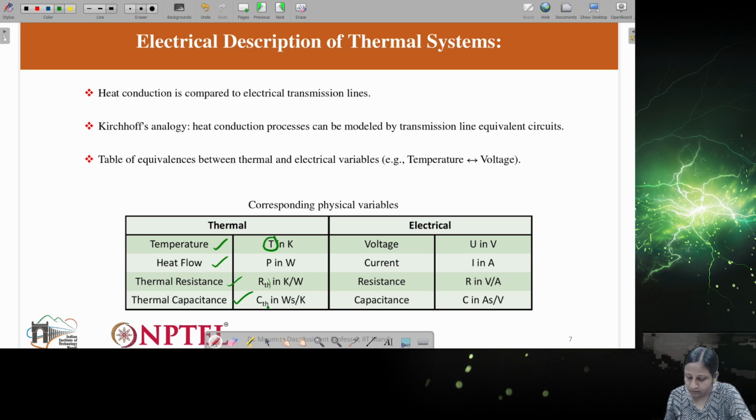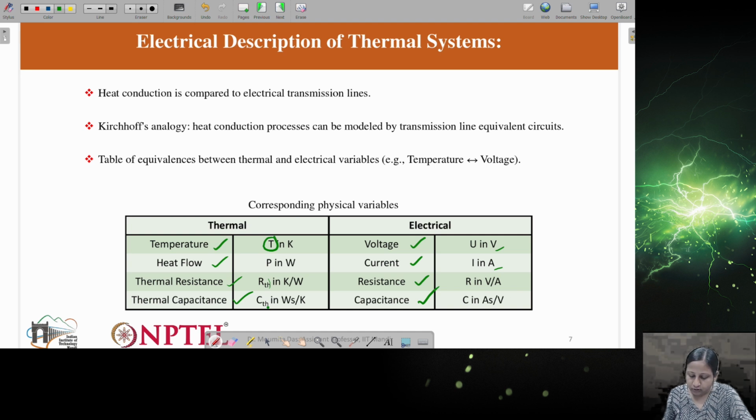Now you can see the electrical parameters we generally use: voltage, current, resistance, capacitance. Voltage is in volts, current is in amperes, resistance is in volt per ampere or ohm, and capacitance is in ampere-seconds per volt, or farad.